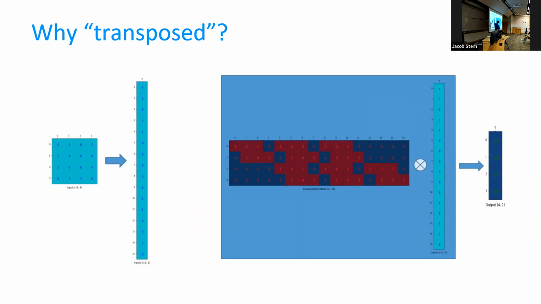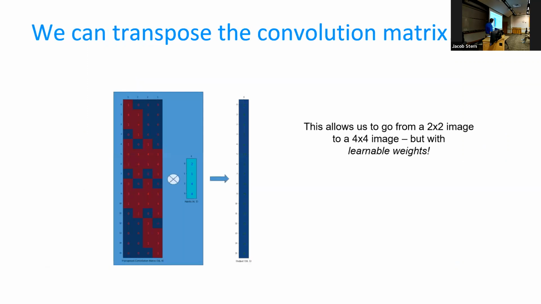So we have our inputs, flatten them, multiply them by our convolution matrix, which is just a sparsified fully connected layer, and it produces an output of size 4. If we want to go in the reverse direction, we can transpose the convolution matrix. And this is the result.